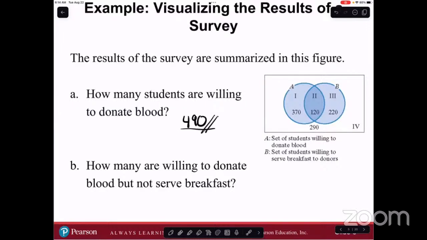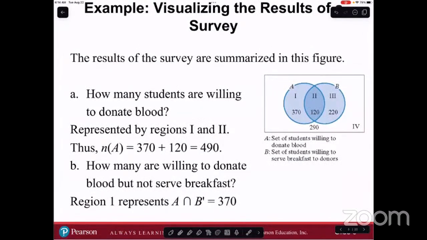How many are willing to donate blood but not serve breakfast? We want everything that's in A and not in B, so we're talking about region 1, the left-hand Pac-Man region. That should be 370 students. How many weren't willing to do either?